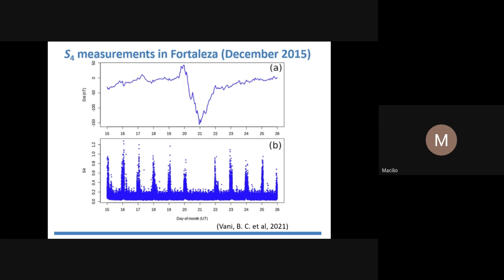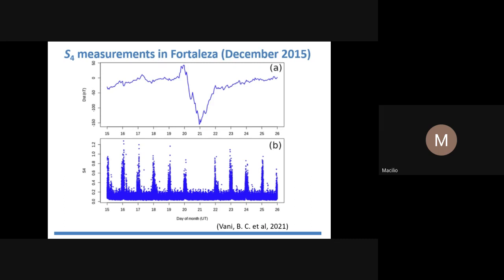The interesting phenomenon is that the magnetic storm changes the pattern of scintillation. On these days, we can observe we don't have scintillation at night due to the magnetic storm. It's very curious. It's anti-correlated.